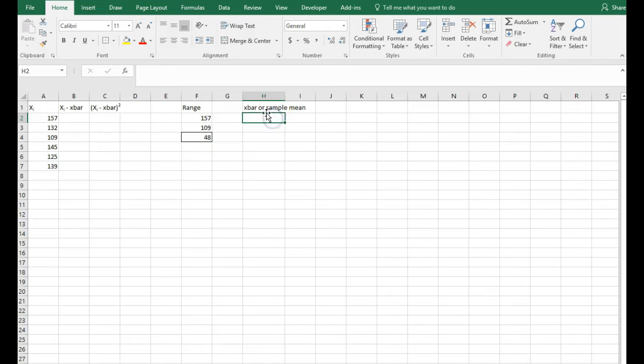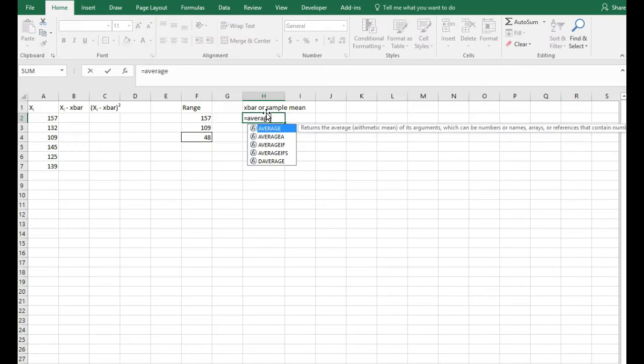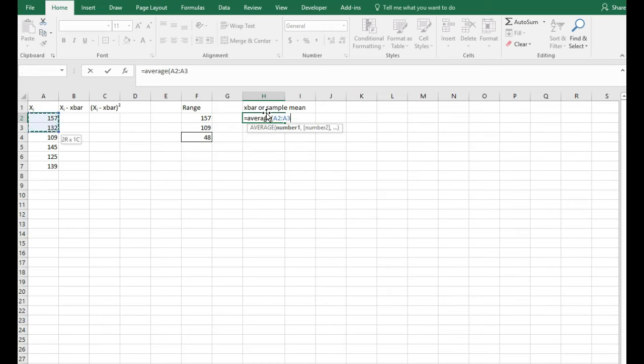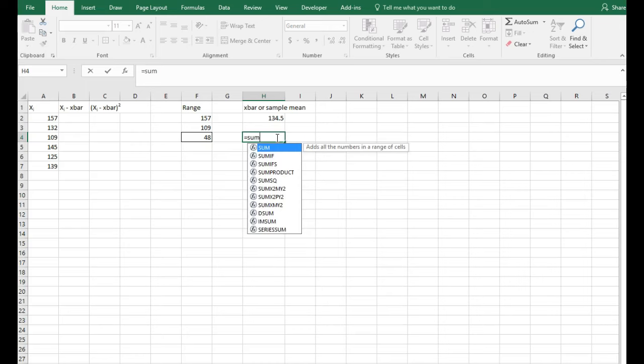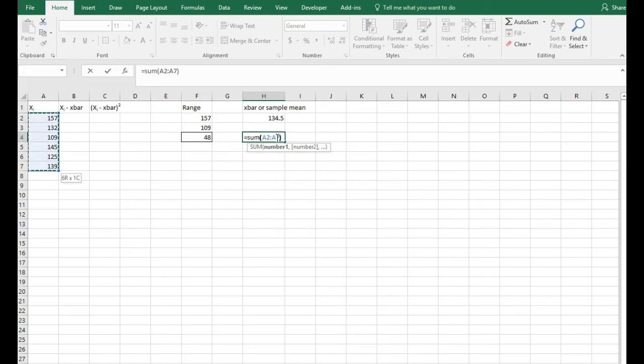And that is, I'm just going to take the average of this, 134.5. And so that's using that function, but we could also just sum up those values and then divide that by the number of those values.